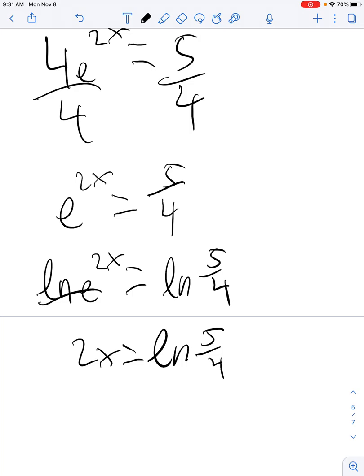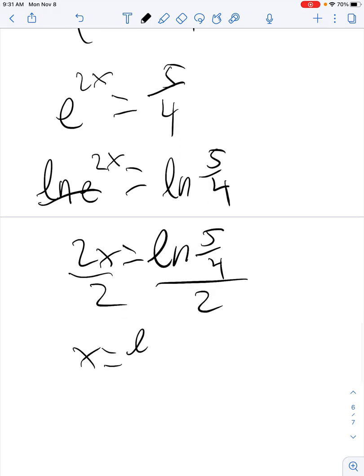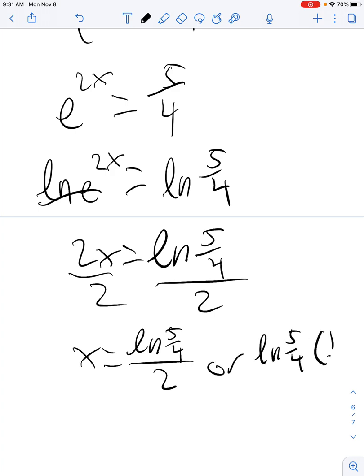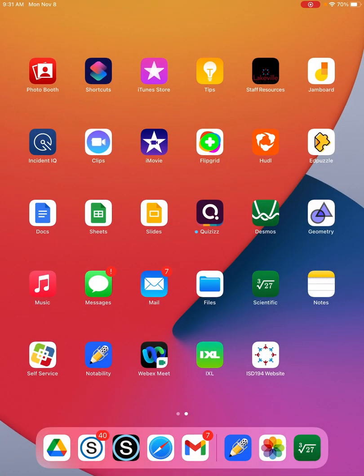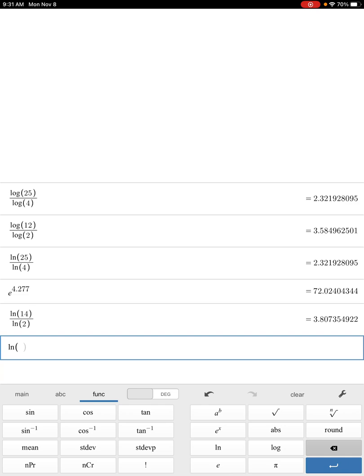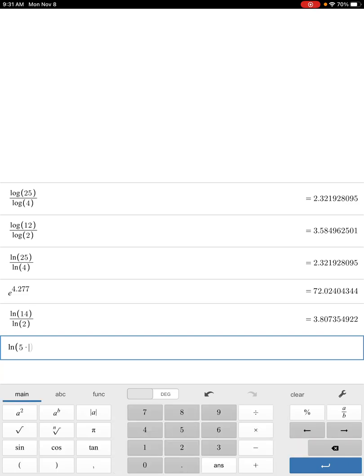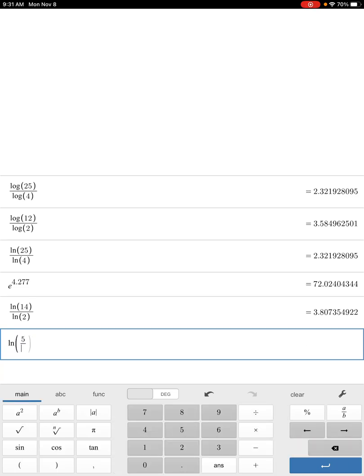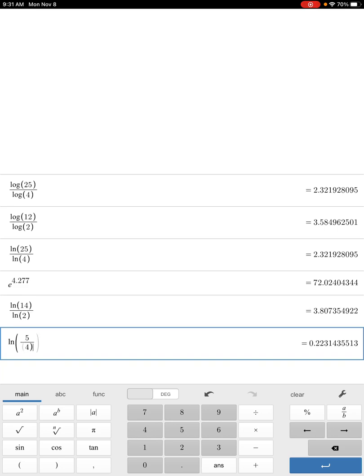And then I can divide by 2. And so x is going to equal the natural log of 5/4 over 2, or the natural log of 5/4 times 1/2. Same thing. So again, take my calculator, function natural log of 5 over 4.